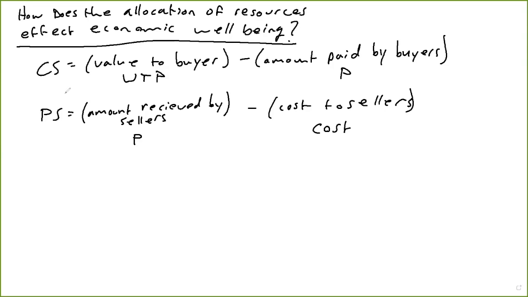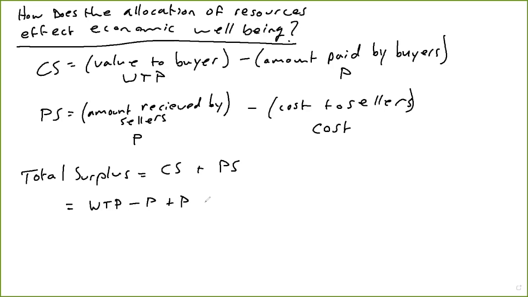So now we want to look at the aggregate welfare of the whole market. And our metric for that is simply total surplus, which is going to be consumer surplus plus producer surplus, which is the value to the buyer, which is the willingness to pay, minus the amount paid by the buyer, which is price, plus producer surplus, which is the amount received by sellers, which is also price, minus the cost to sellers, or cost.